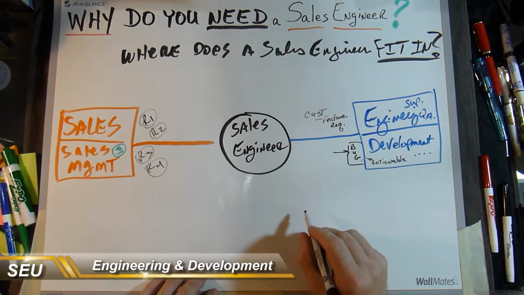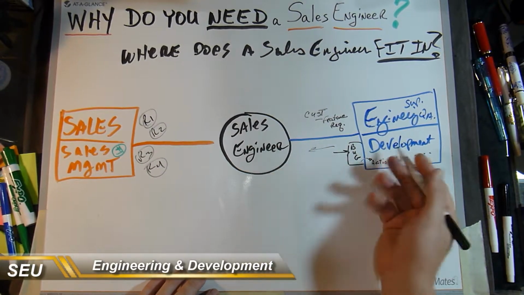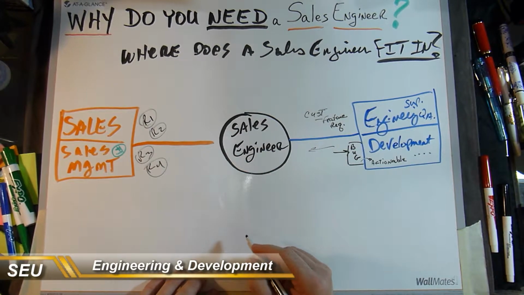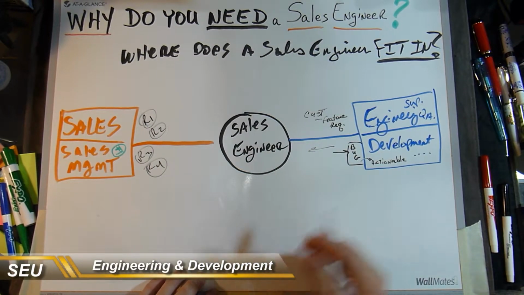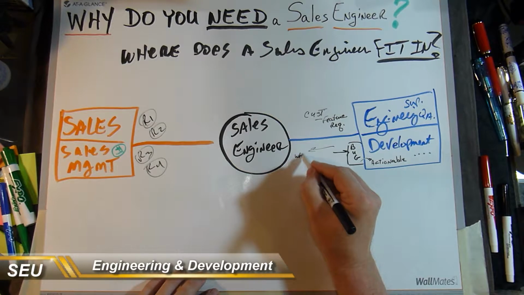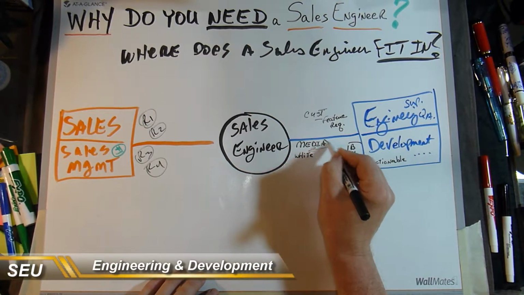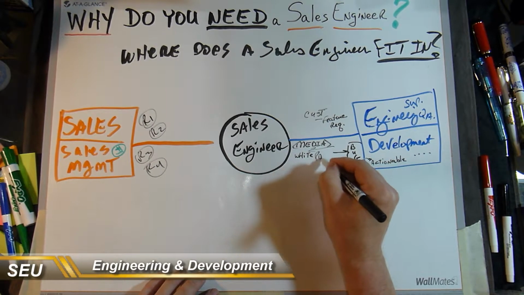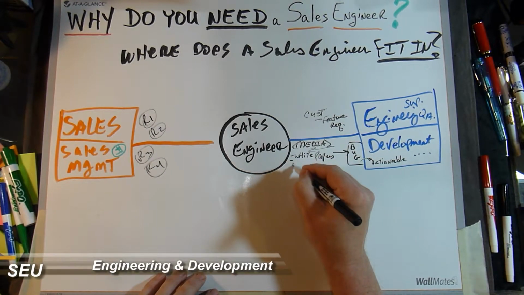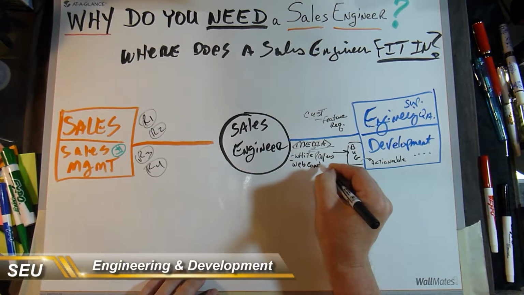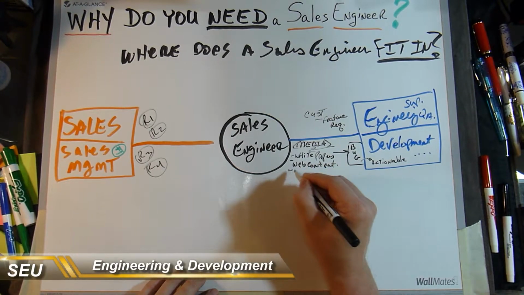The other thing that we do is we work with engineering to get more detailed information, because let's face it, I'm not a developer for the company, for such things as media, let's call it. White papers. Maybe it's web content. Maybe we have a campaign.